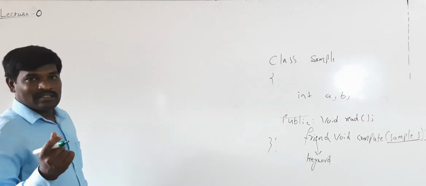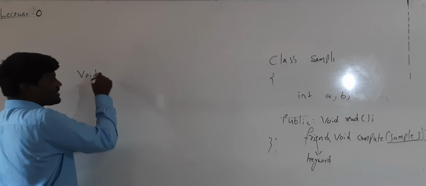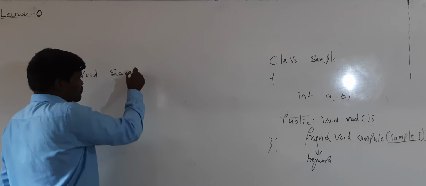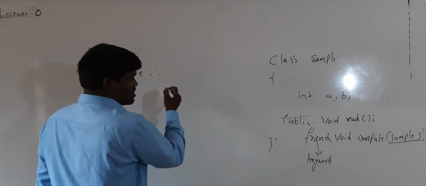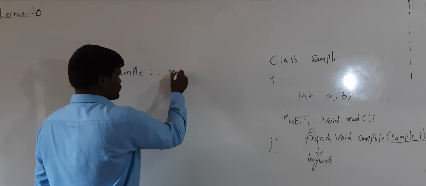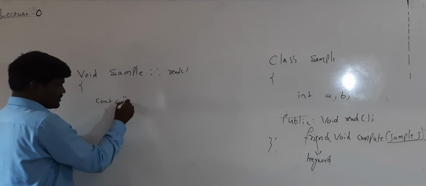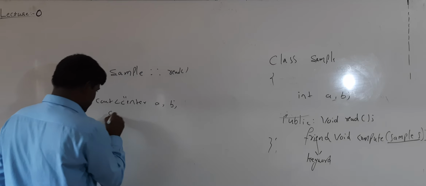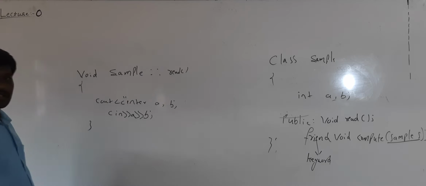To define the function outside the class, we have to use scope resolution. First write void, next the class name sample, next scope resolution, next read. Then cout enter a, b, cin a, b, and I close.